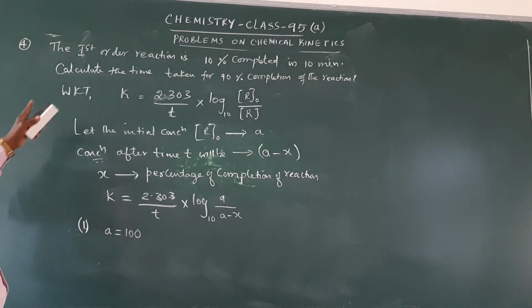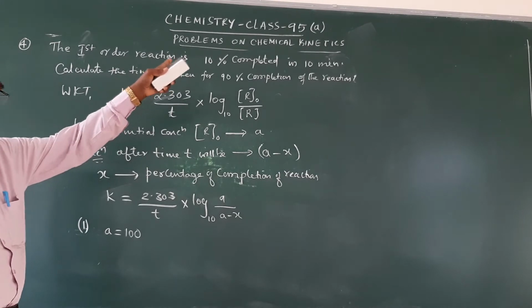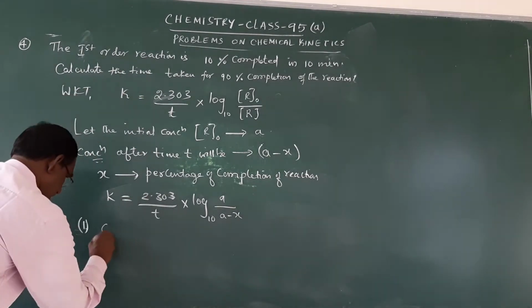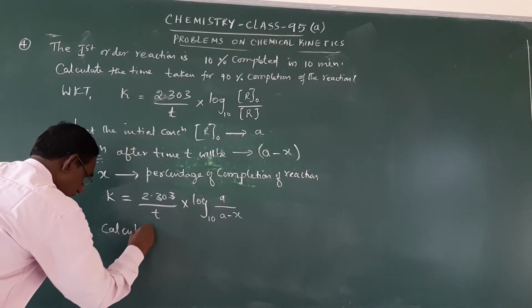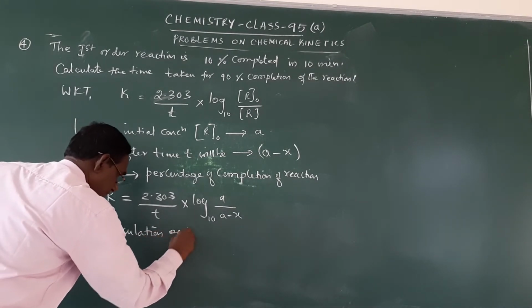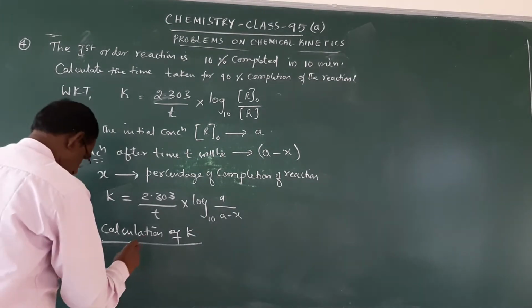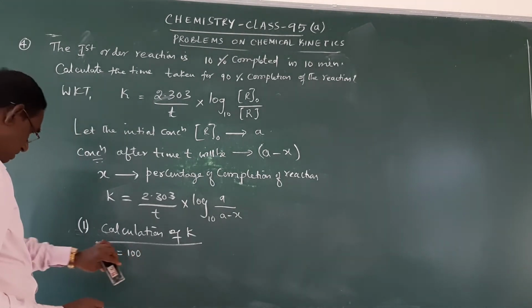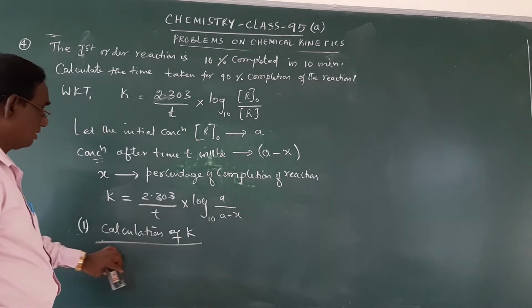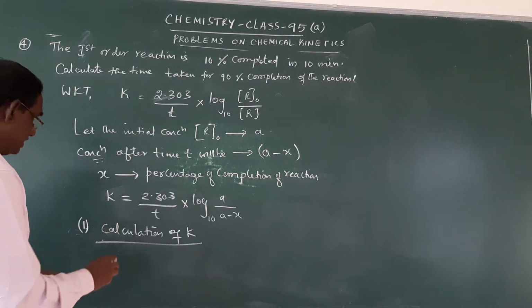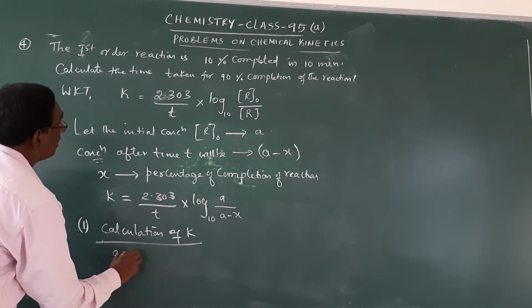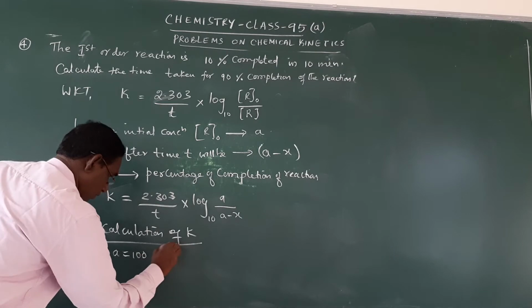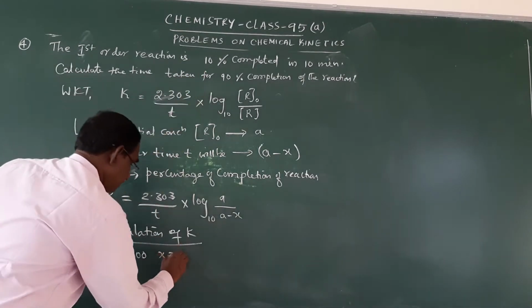First, you have to calculate the rate constant. So the first step is the calculation of k. Here a is equal to 100, and x is equal to 10%, so 10.